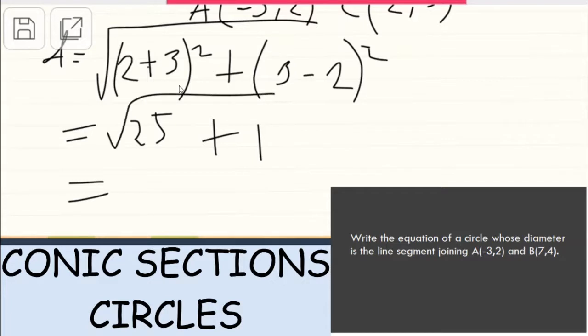And then we have 25 plus 1 is 26, square root. So that will be our distance between point A to the center. And also that will be our radius.